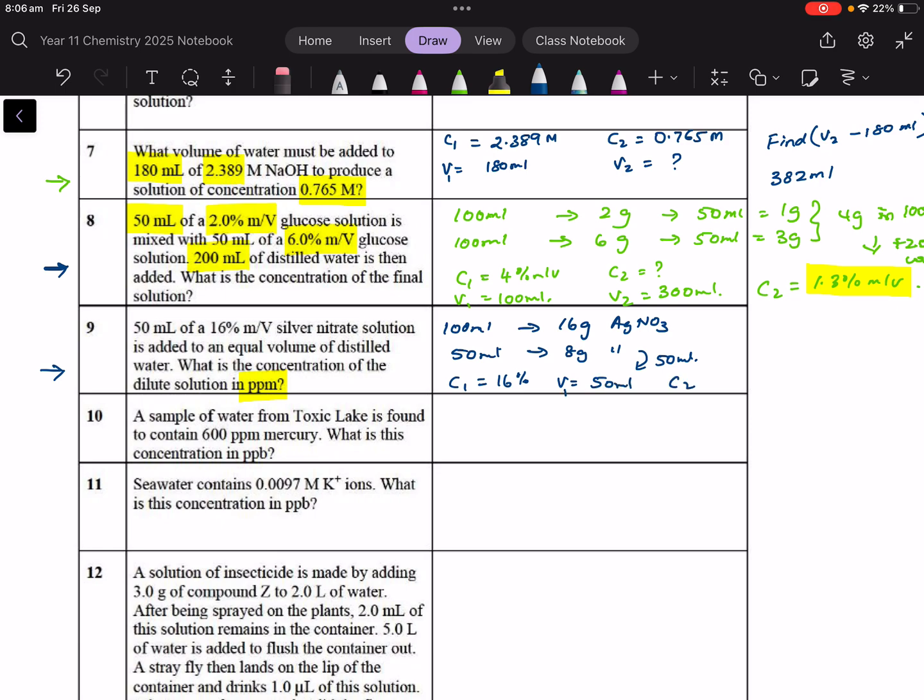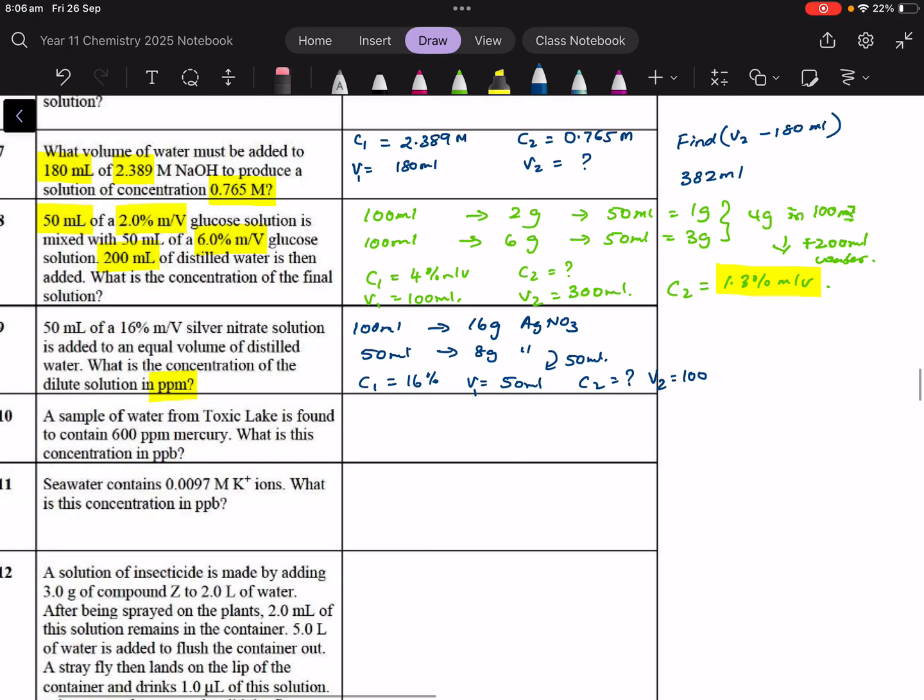C2 is, we need to work it out, and then V2 is 100 mil, because this is now added to another 50 mils. So basically I could have worked that out from here, which is 8 grams in 100 mil. This is 8 grams in 100 mil.